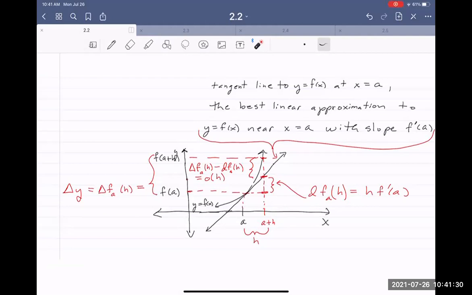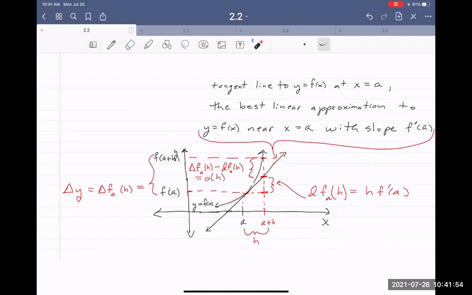Suppose we have some function f, so y equals f of x, relative to some coordinate system. And suppose we have some tangent line to f at x equals a.